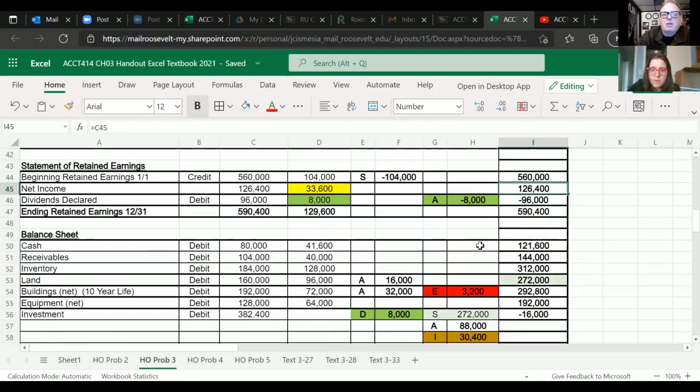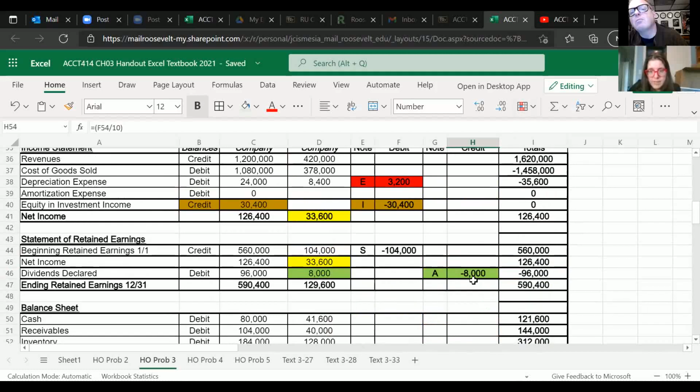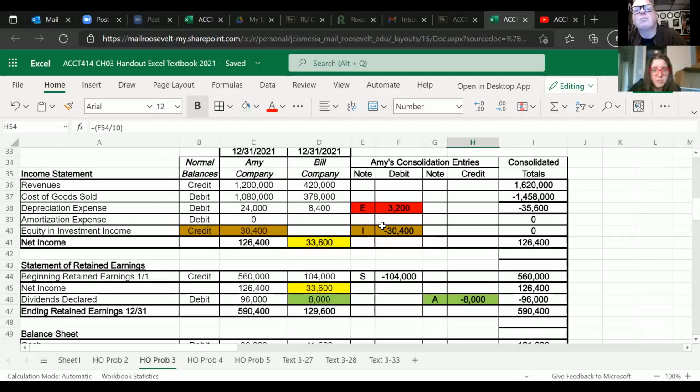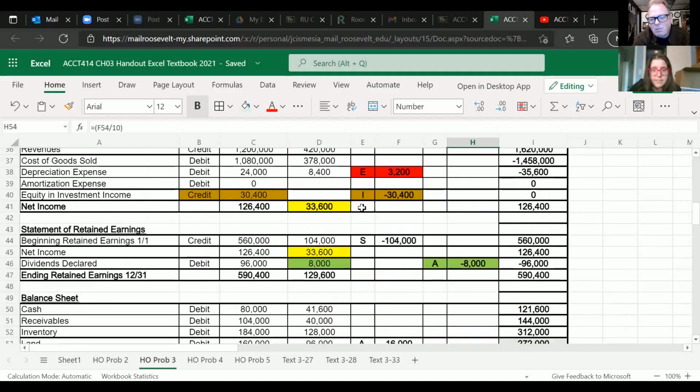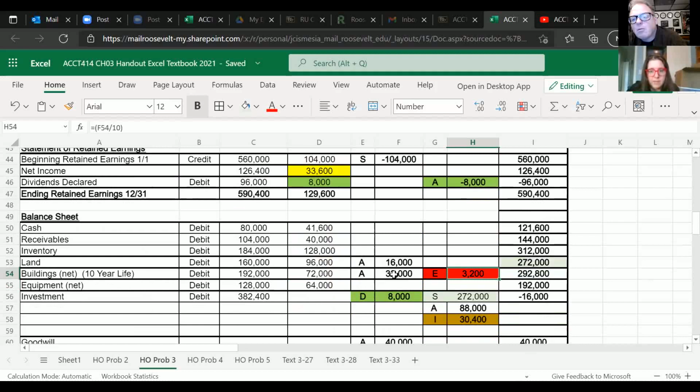We added for the building, we added for the land, we added the 16,000 excess as well as the 32,000 excess, but also took out the deduction for the 3,200, which also went up here under depreciation expense because we depreciated the building for the 10 years, which is 10% of the excess.